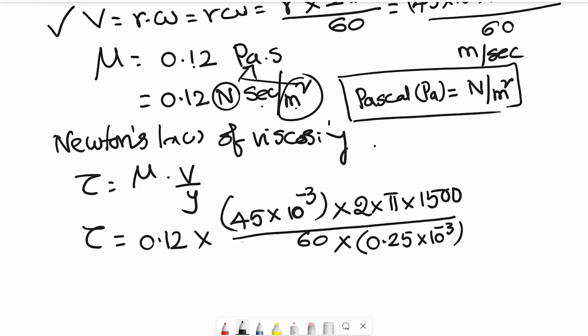Why 10 to the power of minus 3? To convert mm to meters. So this is our tau value.